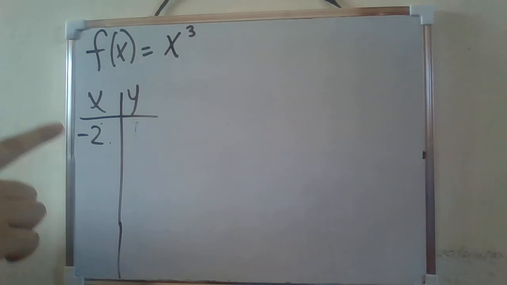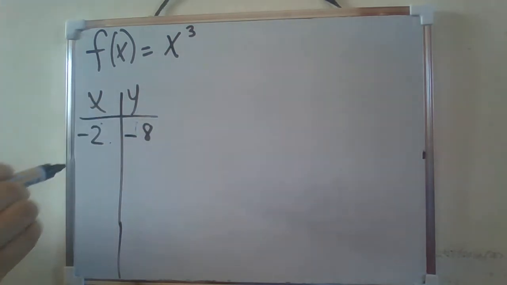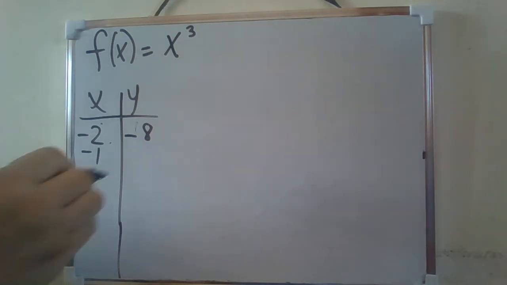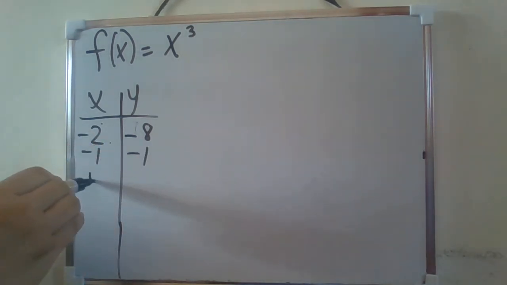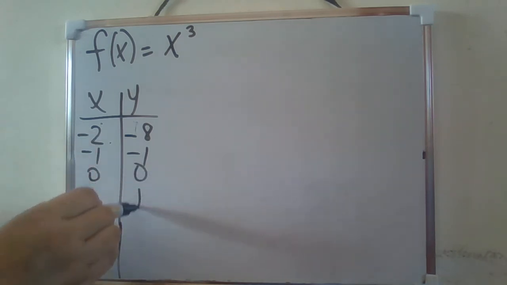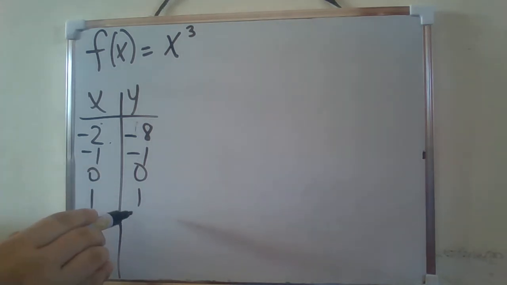Negative 2 times negative 2, that's 4 times negative 2, that's negative 8. Negative 1 times negative 1 ay positive 1 times negative 1, negative 1. Try 0. Of course, it's always 0. 1, it's 1. And then 2, it's positive 8.